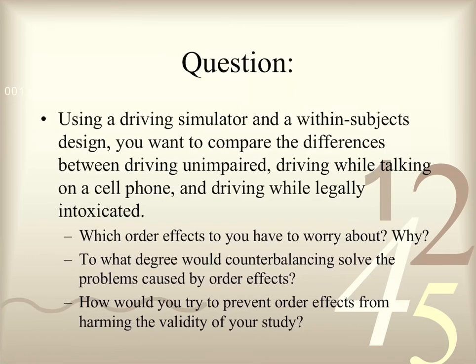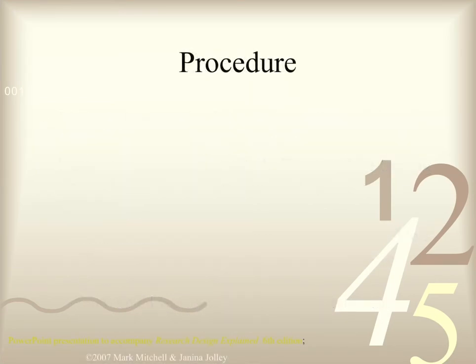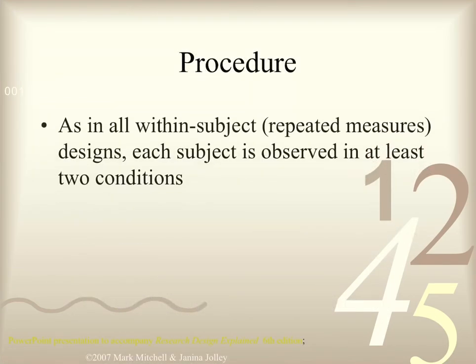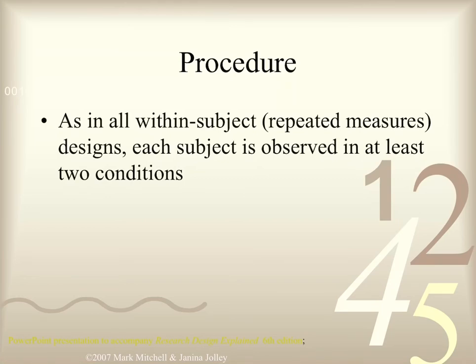Okay, so as a summary, let me just briefly say how you would go about counterbalancing. As in all within subjects or repeated measures designs, every subject is observed in at least 2 different conditions.